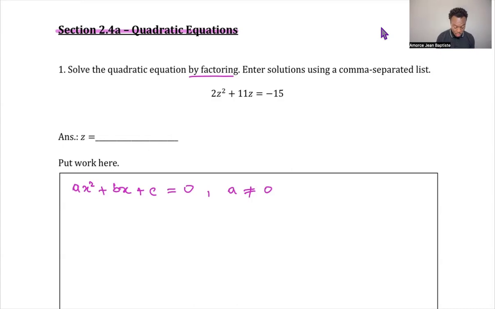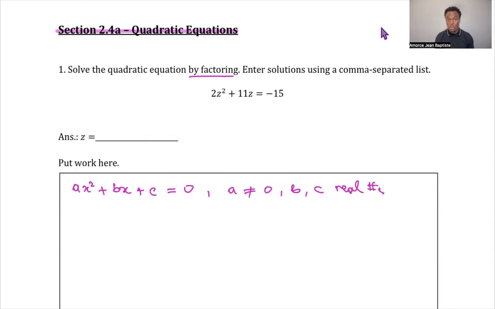So you want to keep a not equal to 0 so that your equation remains quadratic, meaning the highest exponent is 2. Then b and c can be any real numbers.